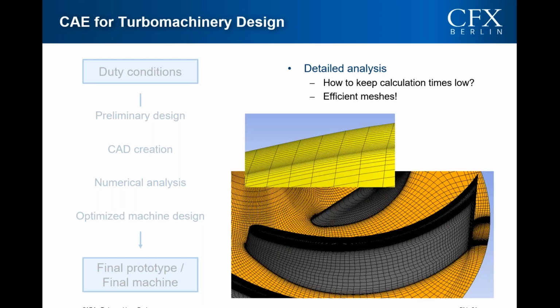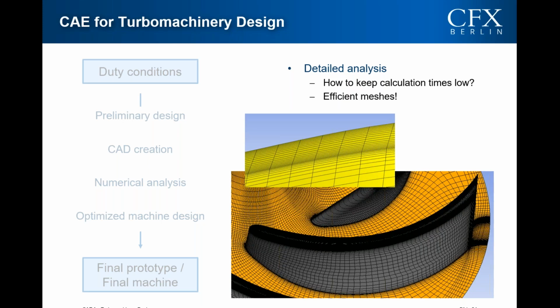Yes, as we include more details in our calculations, the computational runtimes increase. So what can we do about this? The first thing is to use efficient meshes. Hexahedral elements are generally preferred in turbomachinery because they allow for faster numerical solution and lower element count.